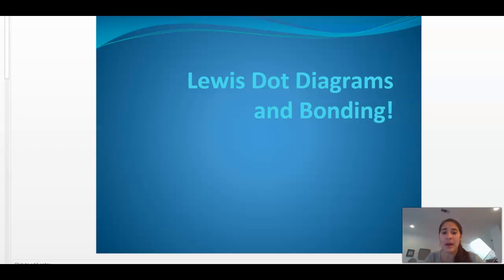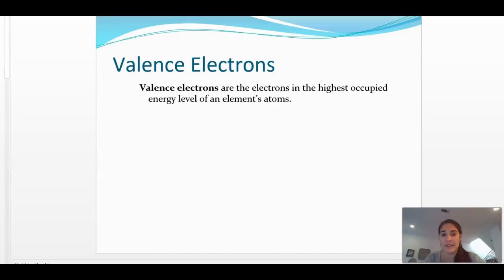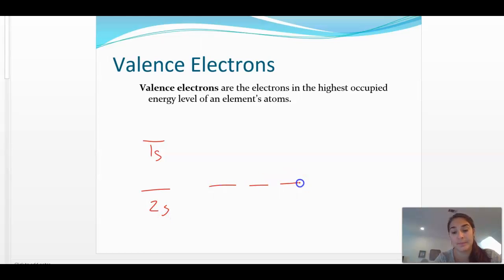Okay, so as a reminder, your valence electrons are going to be those ones in the highest energy levels. So, if we had 1s, 2s, 2p, and we had these arrows, like that. Okay, so this is nitrogen right here.